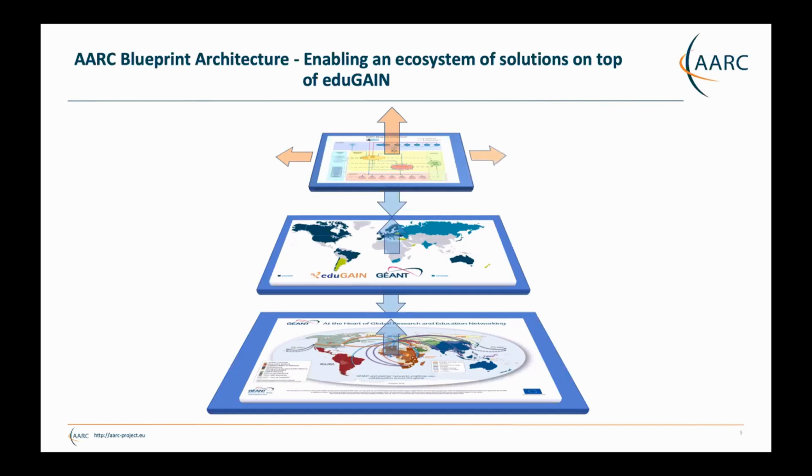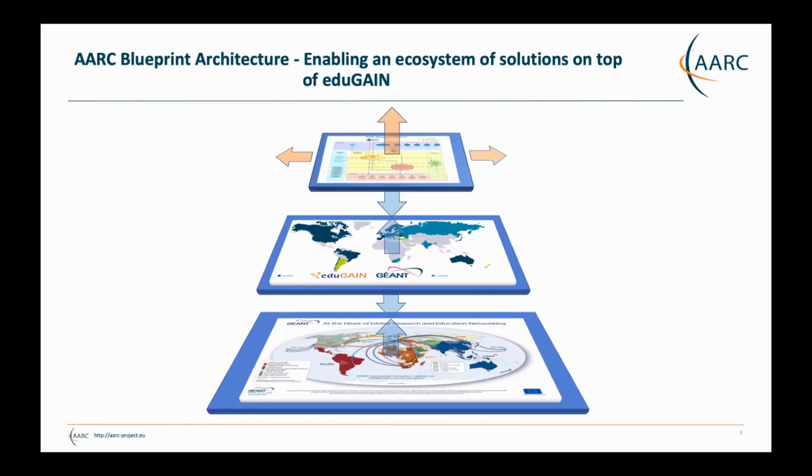AARC is leveraging EduGain as the foundation for federated identities and adds the dimension of the research collaborations. The relationship between the users, home institutions, and service providers, which is typically found in the National Identity Federations and EduGain, now becomes a relationship between a research community, the users, home institutions, and service providers.